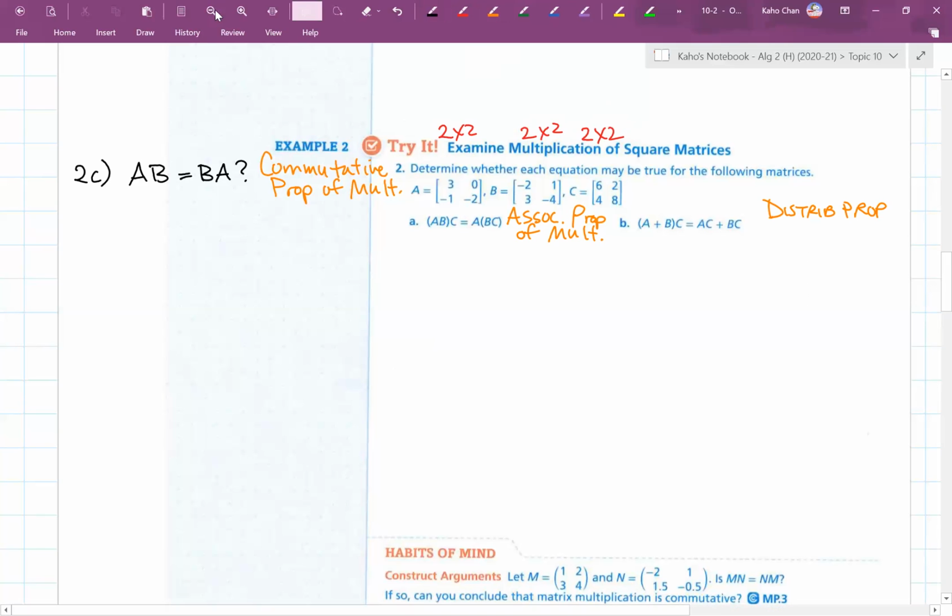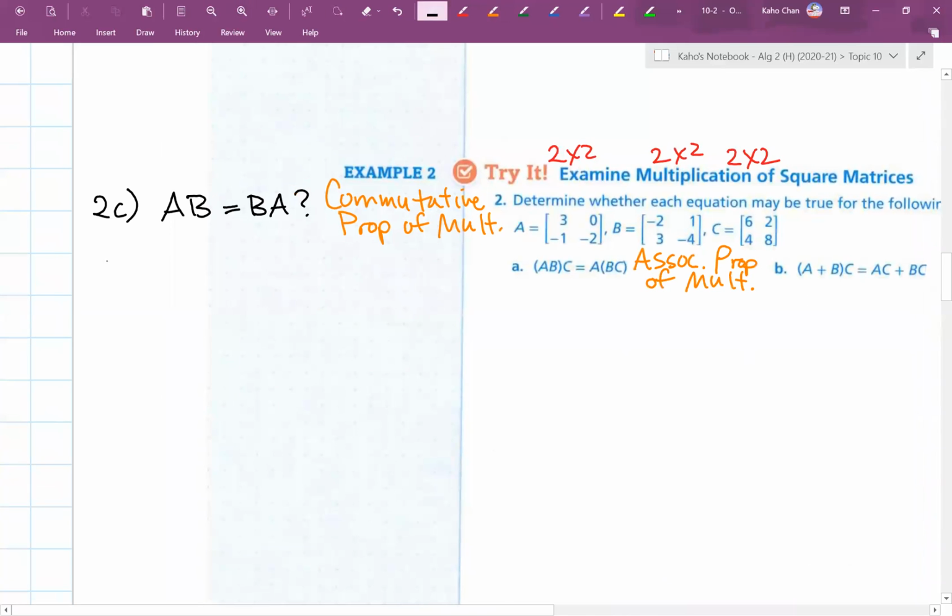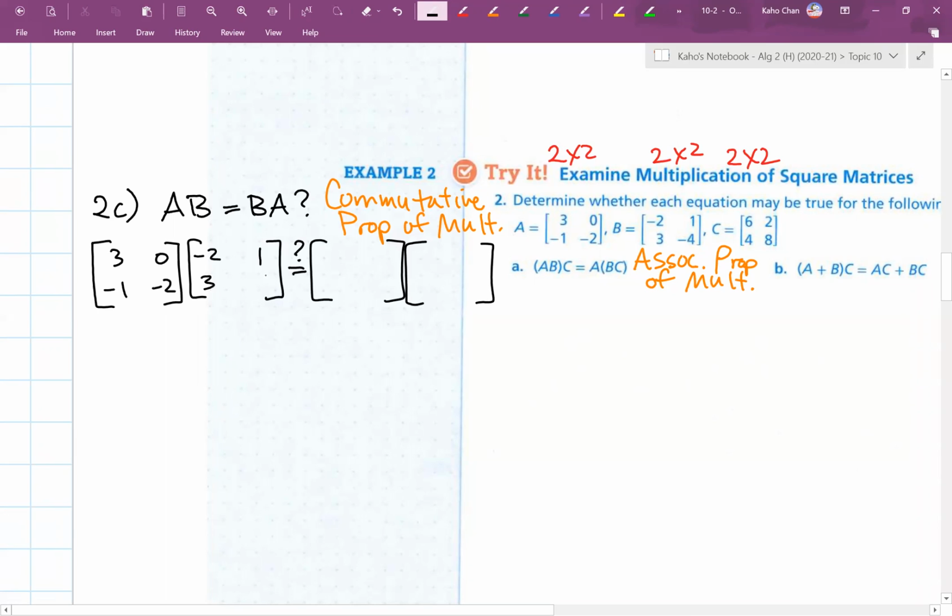Let me zoom in a little bit so you guys can see a little better. There we go. So here we go. Let's do 2C first. Okay, here we go. All right. Zoom. 2, -2, 1, 3, -4, and will it come out the same in reverse?